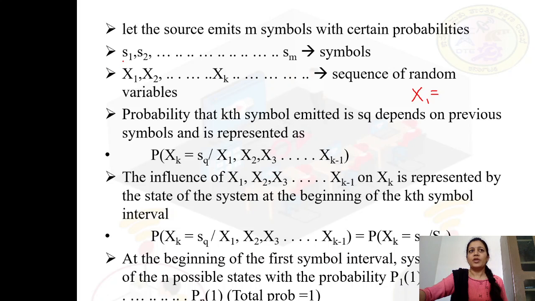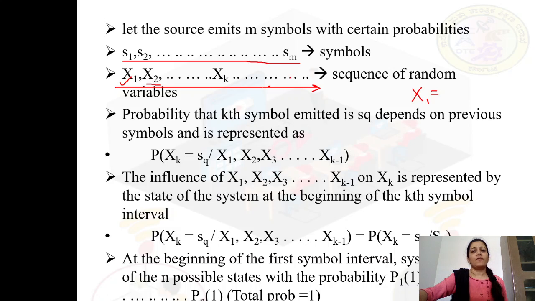Your source can output any symbol from s1 to sm during the first random interval, and that is represented as x1. Similarly, during the second random interval, again it can emit any symbol between s1 to sm, and that is represented as x2. So x1 to xk. Here you can see that we have not written it as xm because it depends upon the length of a message, upon how many symbols your source is emitting. Depending upon that length, we have to take that many random variables.